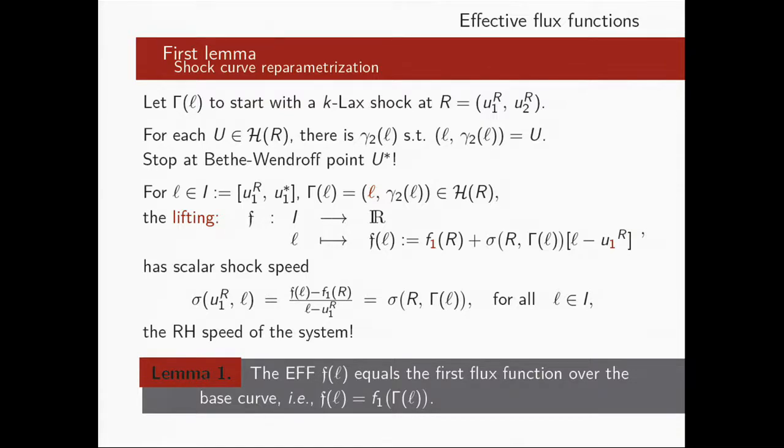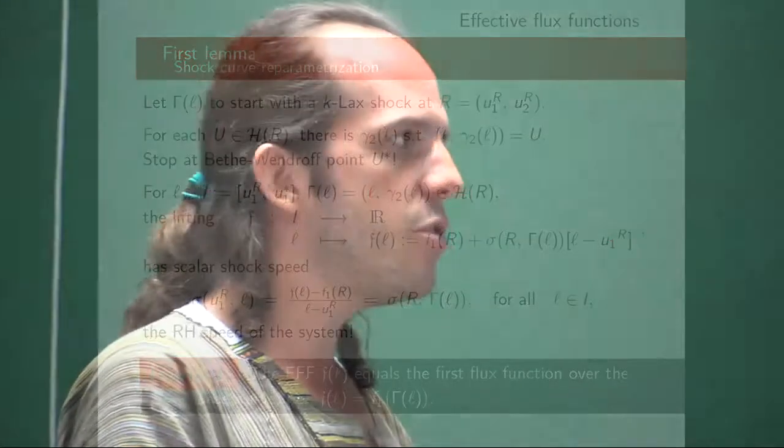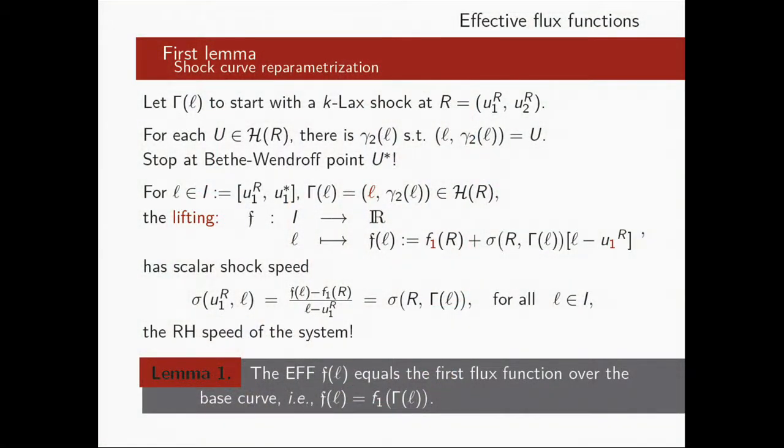And the second one, okay, I can find it because I have the locus. I know that this locus is going to be useful before I reach a Bethe-Wendroff point, when one of the characteristic speeds is going to be the same as the speed of the shock wave. So my base curve is going to be just the Hugoniot locus.